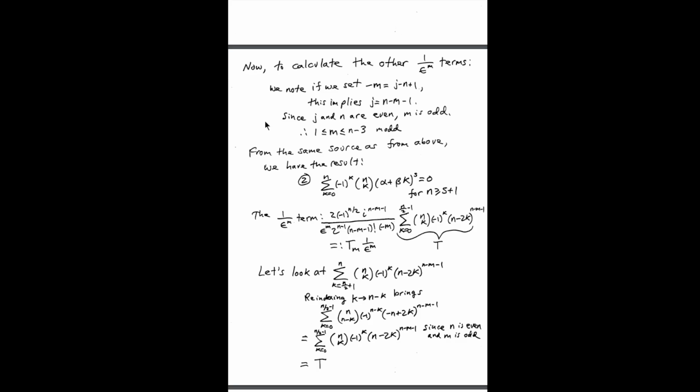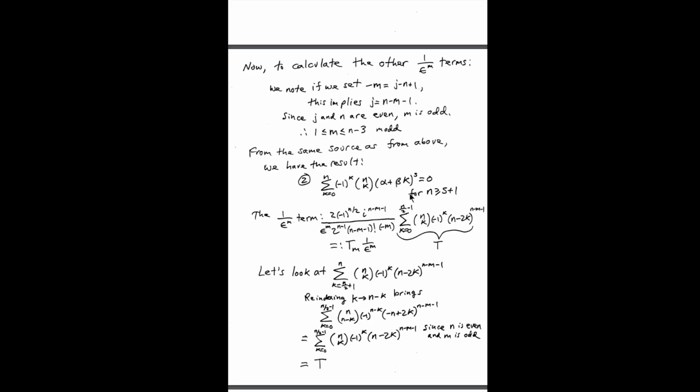Okay, from the same source as from above, we also have the result, we're going to call it number 2 in our literature, which says the sum as k goes from 0 to n of (-1)^k, n choose k, times the quantity (alpha + beta k) all to the s equals 0.